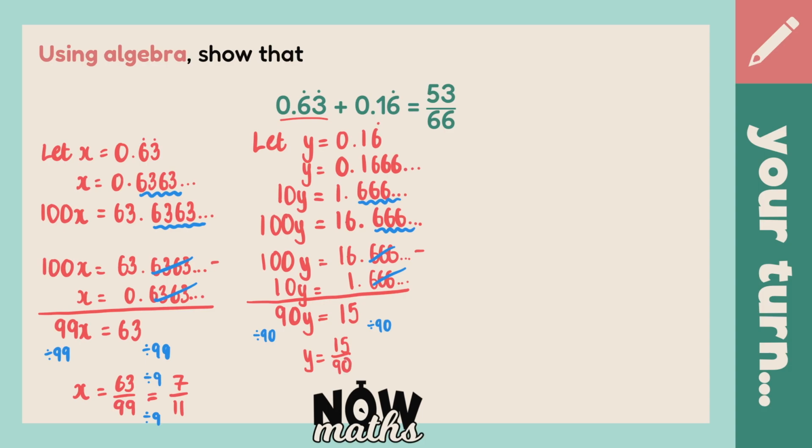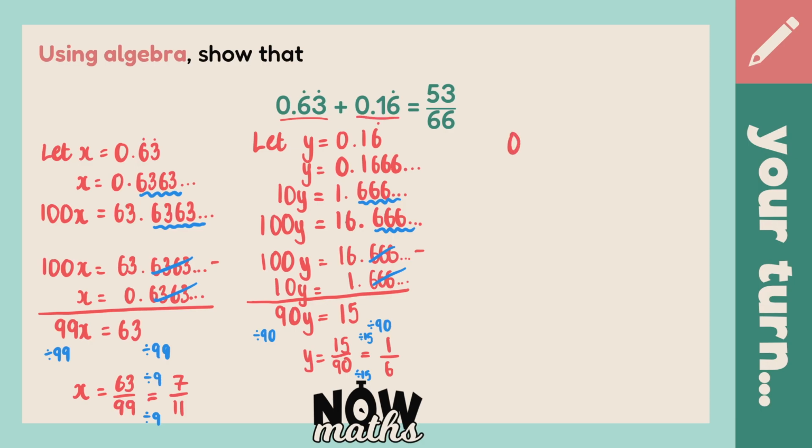And 15 is a factor of 15 and 90. So dividing by 15 on the numerator and denominator should give us 1/6. Again, this step should just make it a little bit easier in a moment when we find a common denominator. So now going back to the original question, we have converted both of our recurring decimals into fractions.